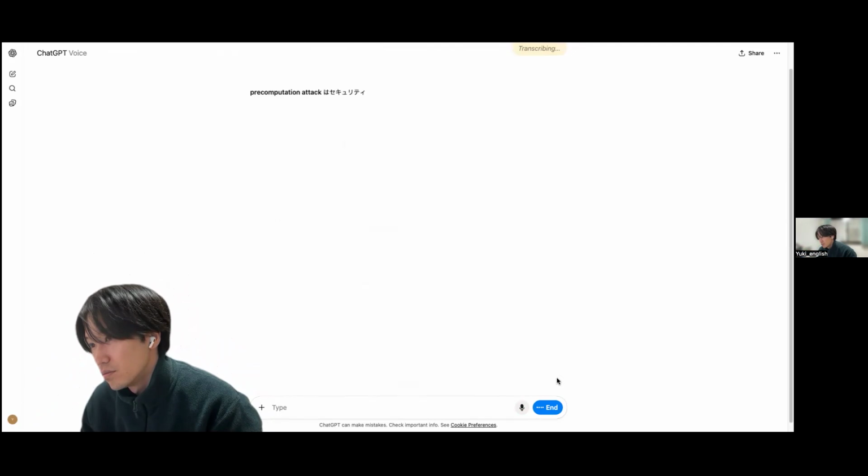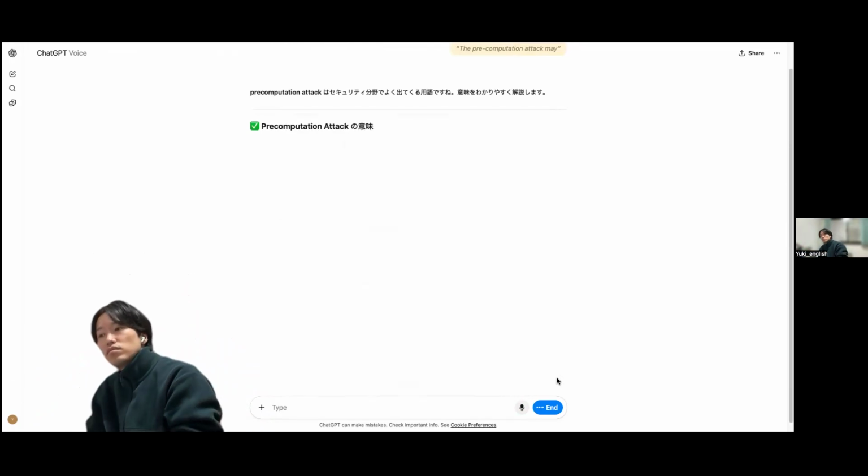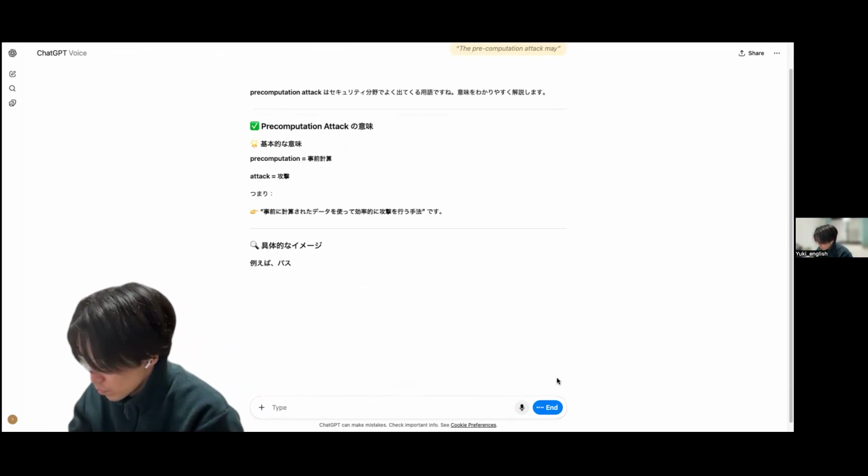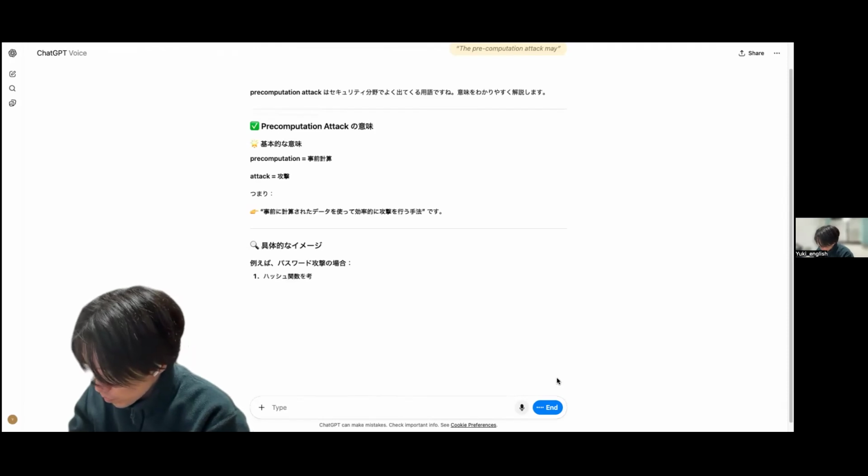Precomputation attack is a security vulnerability used in cryptography. Precomputation attack is generally translated into English as calculated attack, meaning generating something or an attack that could be used to compromise or exploit.